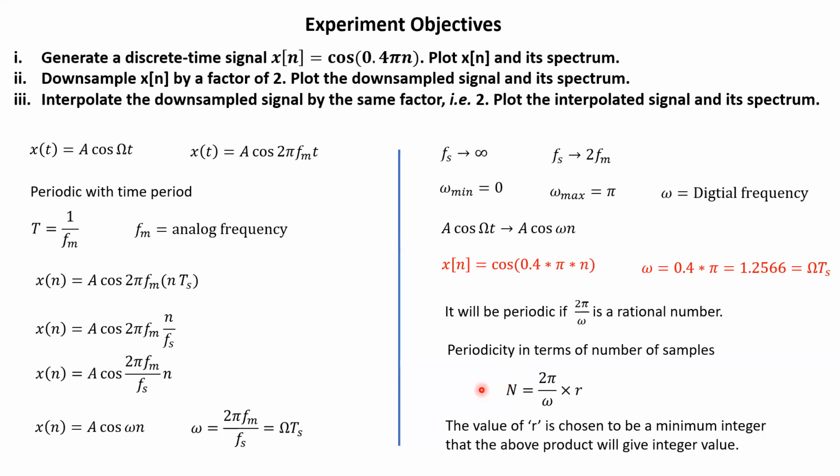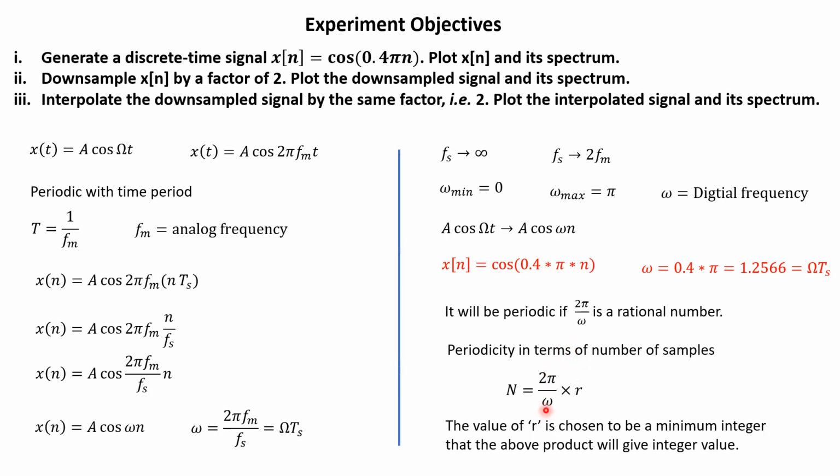This periodicity we can find by evaluating this particular expression: N equals 2 pi upon omega, multiplied with a certain value of r. r will be an integer, and we have to take this integer at a minimum value such that the entire product becomes an integer. So here, 2 pi upon omega, if you substitute 0.4 pi, the pi and pi will be cancelled out, and it will become 2 upon 0.4.